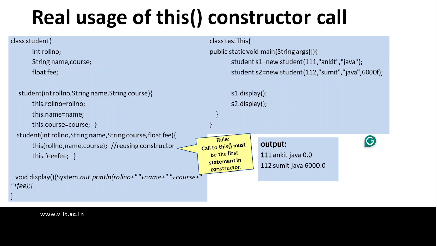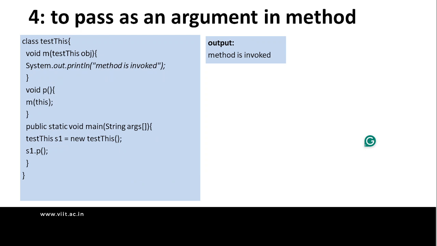In this example also we have seen setting or assigning the values to the instance variable through this dot. Then the fourth use is to pass this as an argument in a method. For that, class TestThis has a void method m(TestThis obj), where System.out.println is invoked.